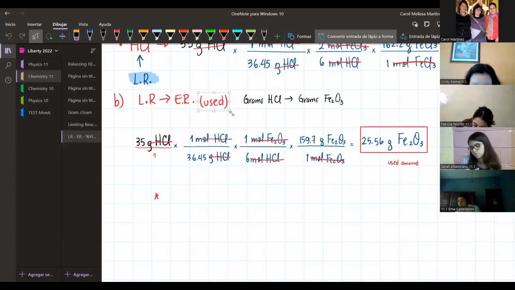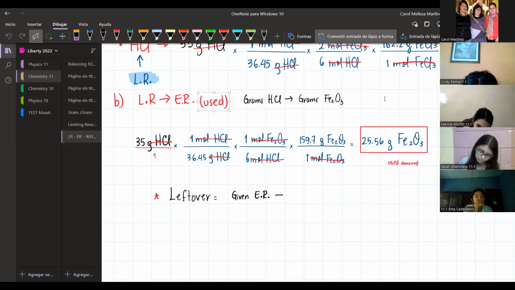To calculate the leftover, it's going to be the given excess reactant minus the amount used.